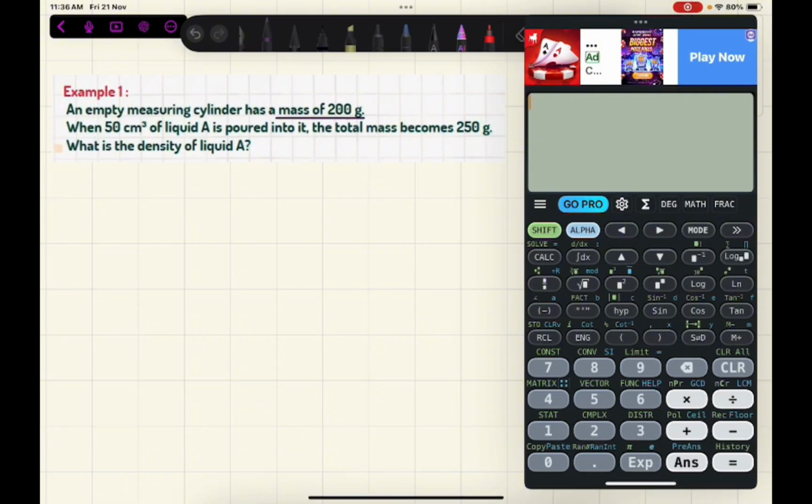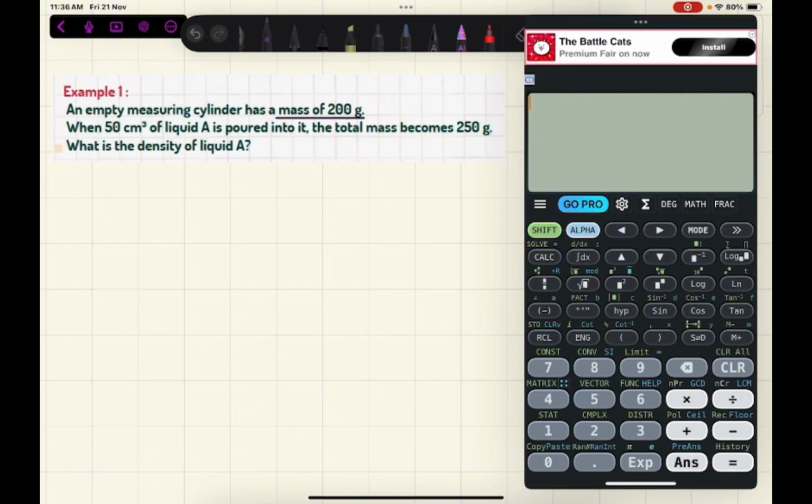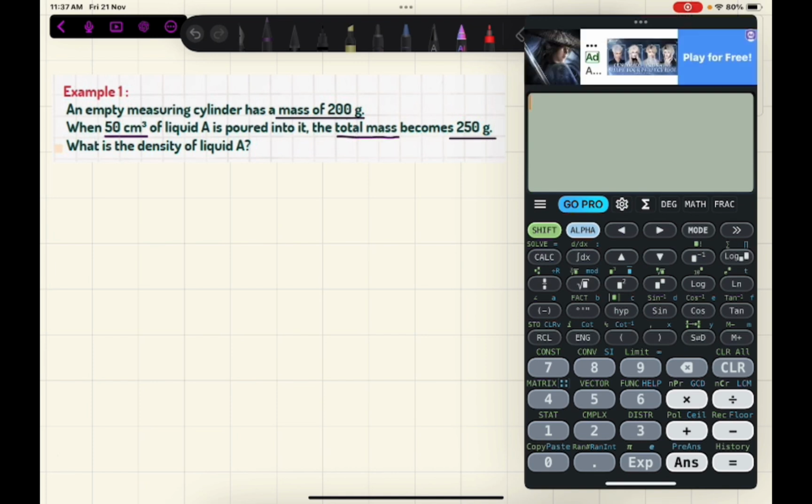When 50 cm cube of liquid A is poured into it, the total mass becomes 250 gram. The question asks: what is the density of liquid A?